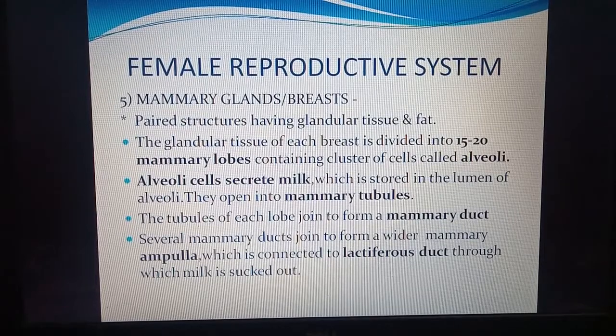The tubules of each lobe join to form a mammary duct. The mammary ducts join to form another wider duct called the ampulla, which finally reaches out through the lactiferous duct, the part through which milk is sucked out.